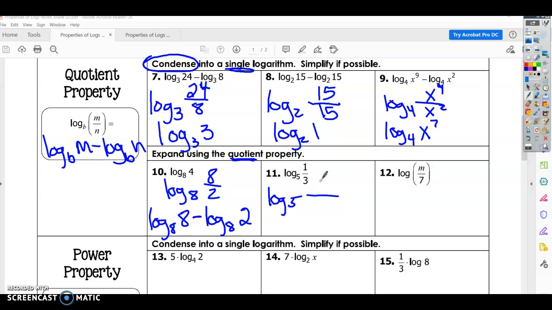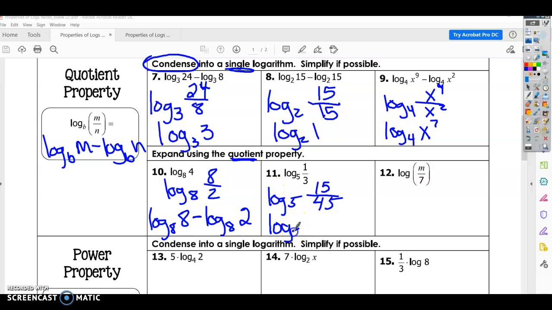Well, let's see, 1/3, I can do 15 over 45. So you may have chosen 10 over 30 or some variation that came from 1/3. That's fine. Again, these answers may vary. We're just using the properties to expand.